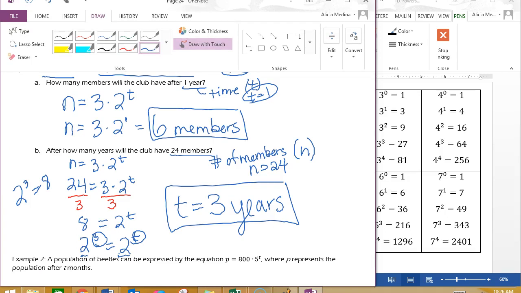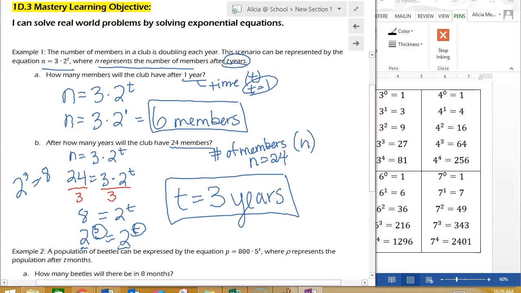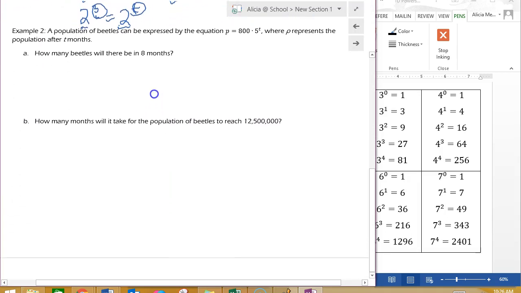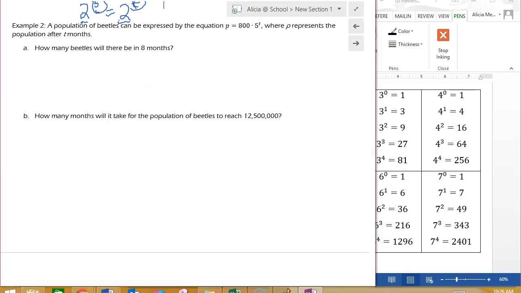Alright, moving on to our next example, example 2, where it says a population of beetles can be expressed by the equation P equals 800 times 5^t, where P represents the population after t months. So P is population, t is months, and we have our equation right here.